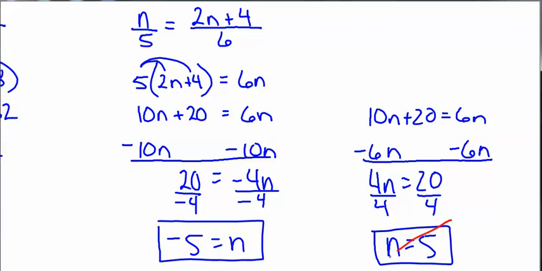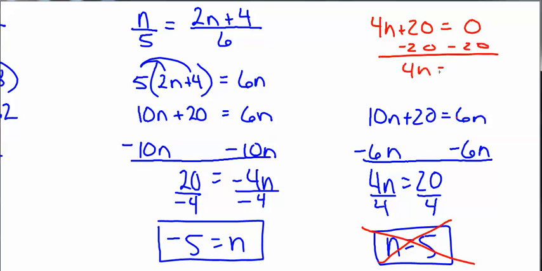No. Look what happened here. If you were going to do that, 6n minus 6n, you would have to keep the equal sign where it's at, don't you? You see how I moved the equal sign? If you subtract 6n from each side, you would have gotten 4n plus 20 equals 0. Then you would have subtracted 20, so 4n equals negative 20, and you divide by 4. Just be careful that you don't do that.